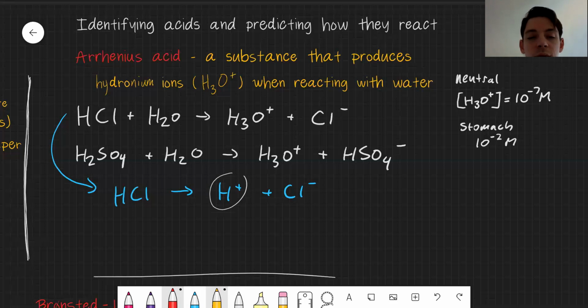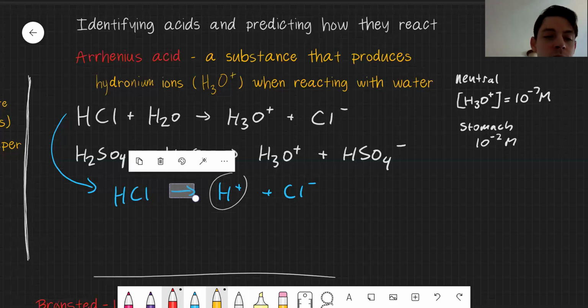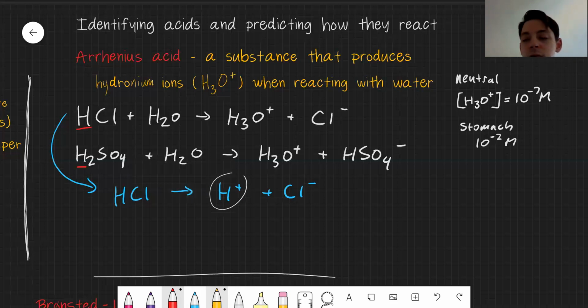So one of the things you might not have noticed, acids start with a hydrogen. Okay, whenever you see a substance that begins with H, we can assume that that is an acid. There's another acid in those equations as reactants that you might not have noticed. Okay. Right? Water actually can behave as an acid.